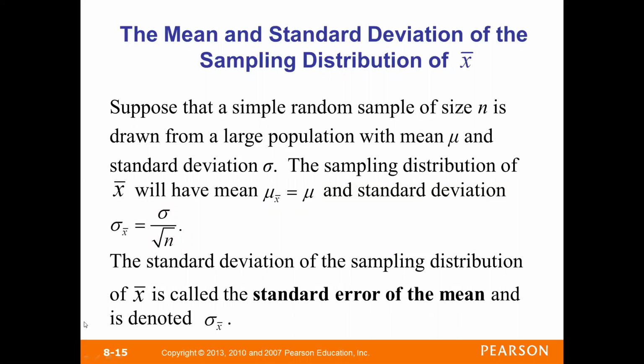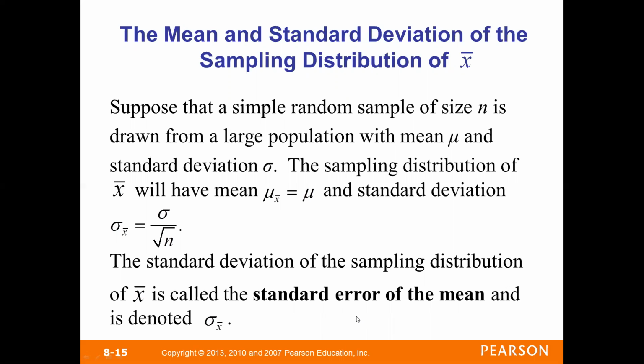So the sigma sub x bar is the standard deviation of the sampling distribution. It's also called the standard error of the mean.